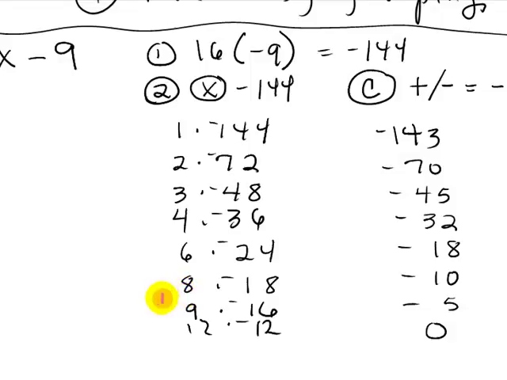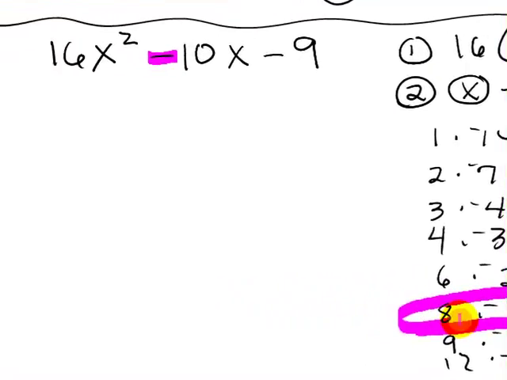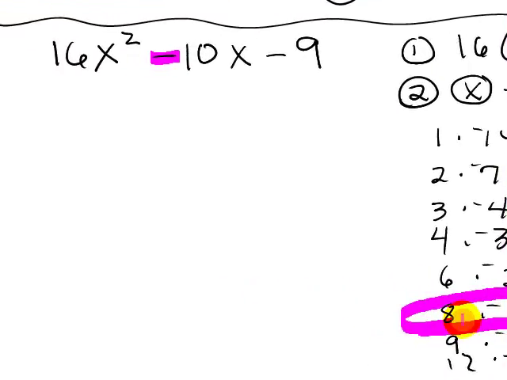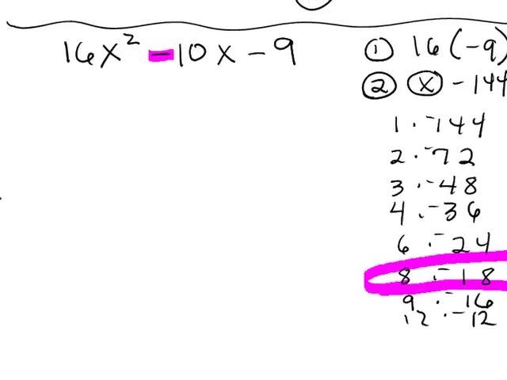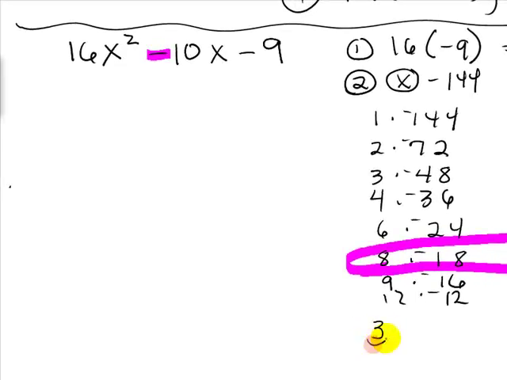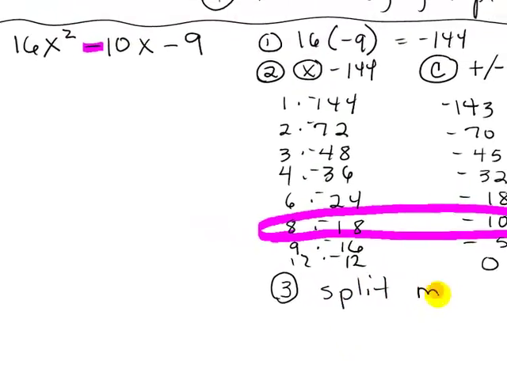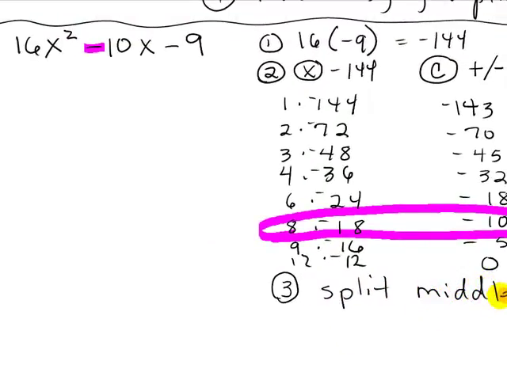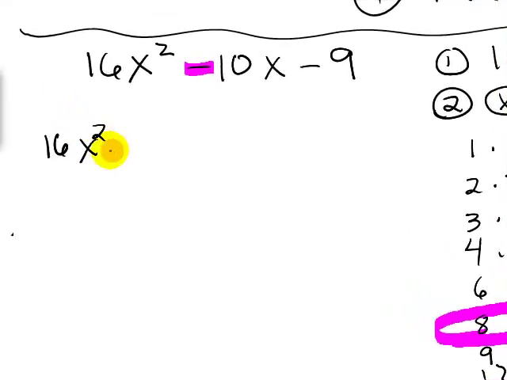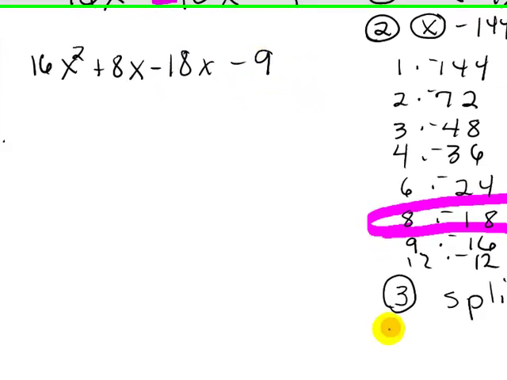We need the negative 10. Alrighty, so step 3. That's where we will split the middle. So 16x squared plus 8x minus 18x minus 9.